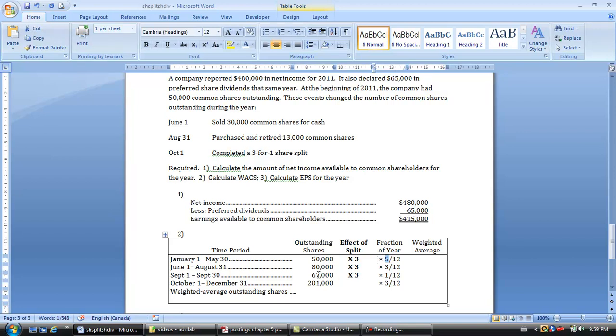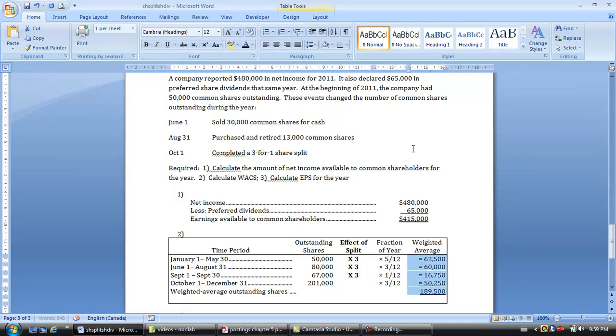All right. So now we've got 67,000 shares here also getting the split, but don't forget these are already split. So we can multiply that by 1, or like I said before, if it confuses you, any number multiplied by 1 is just the number itself. So if that bugs you, you can take that out.